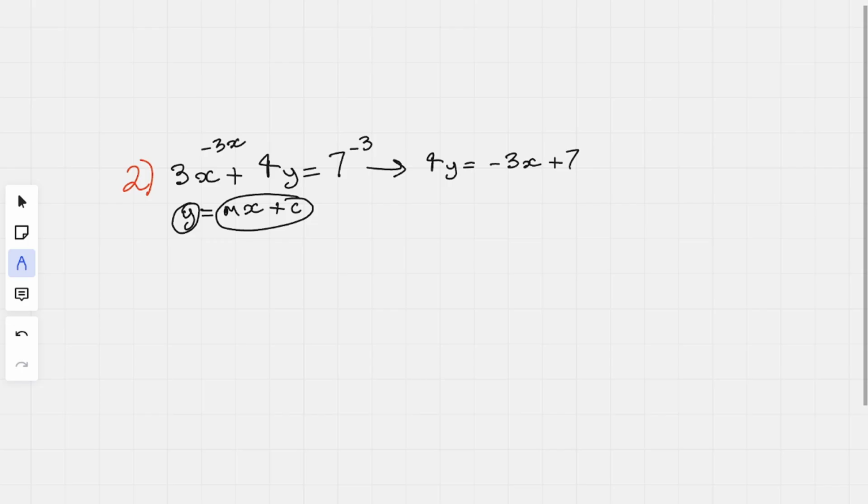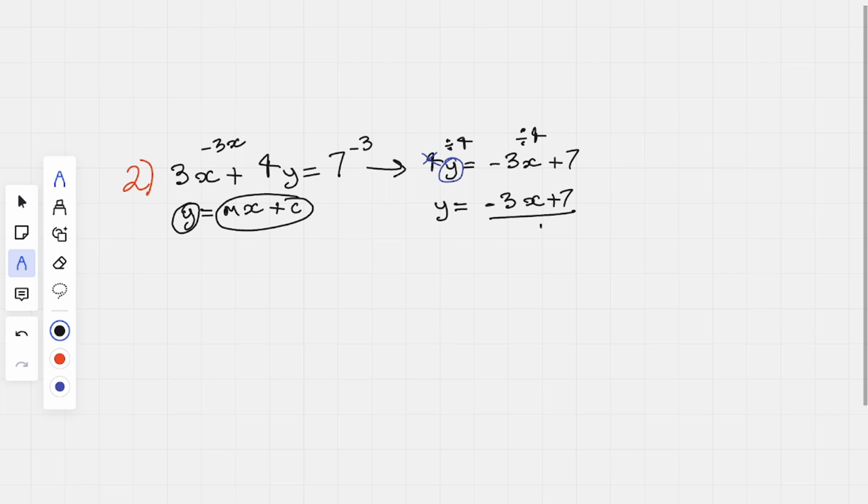And now we have to divide both sides by 4 in order to get the y on itself with no coefficient. So dividing both sides by 4, this would become y is equal to negative 3x plus 7 over 4.